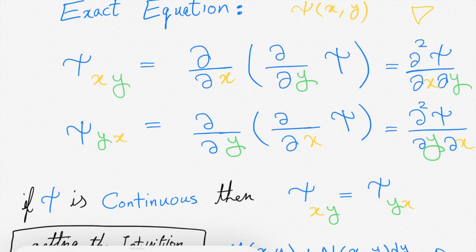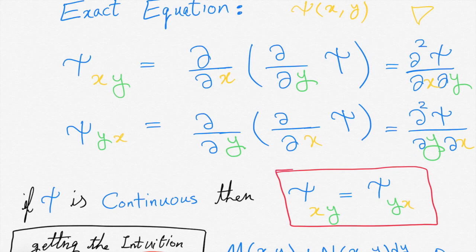Well, if psi is continuous, then we can say that psi xy, taking the partial derivative with respect to x and then y, will be equal to psi yx. And definitely you know about continuity. Continuous means that the function and its derivative should continue.